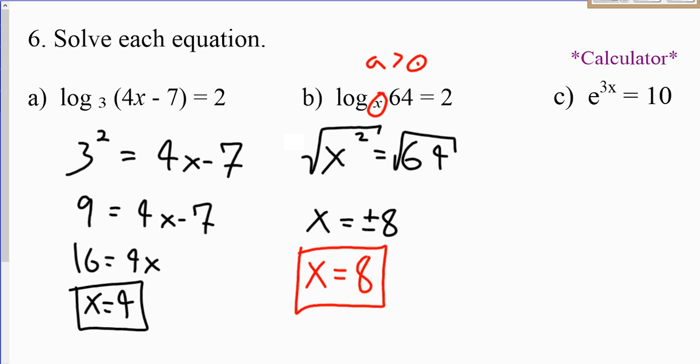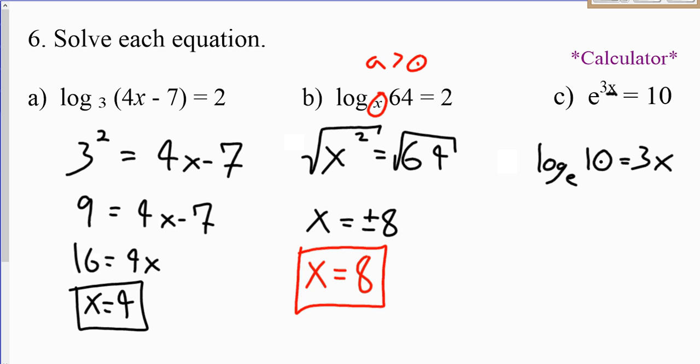Okay. Well, C, notice it's as my exponent. So what I can do is if I rewrite this using logarithms, notice my variable is in my exponent. So that's kind of our flag that just says that we need to use logarithms to do this. So if I do log base e of 10 is equal to my exponent.